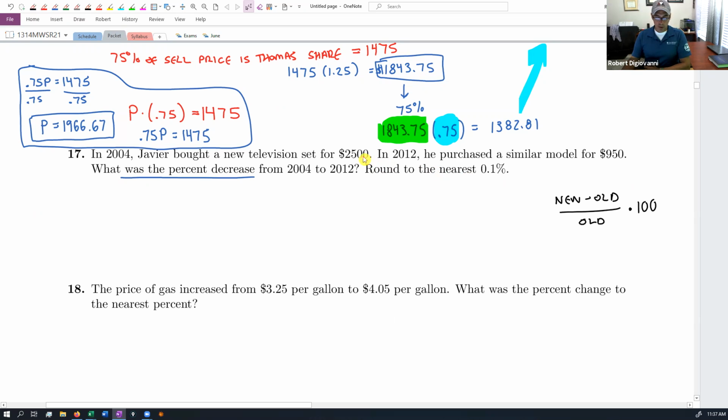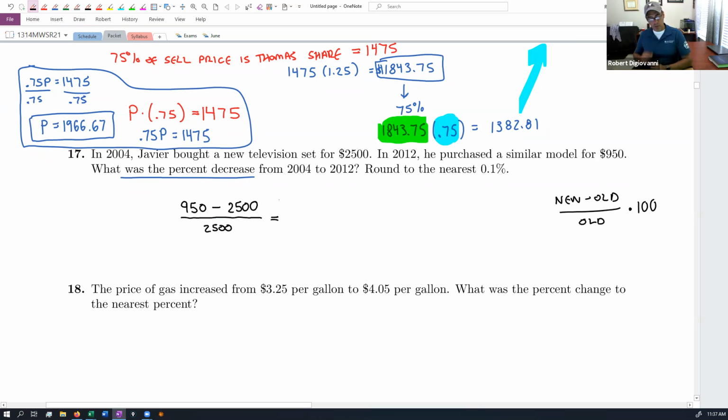So in 2004, he bought it for $2,500. In 2012, he bought a similar model for $950. So what's the price of the new TV he bought? That's the $950, right? Then we're subtracting from that the old price, which is $2,500, and we're dividing it by the old price, which is $2,500.